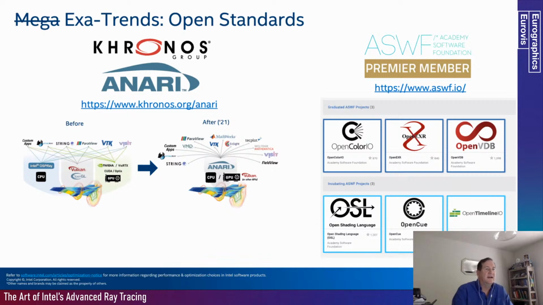And then over in the film industry, which often is beginning to get utilized in scientific visualization, we are a founding and premier member of the Academy Software Foundation, and it continues to grow various important projects, which are being offered into the Academy Foundation to manage going forward.